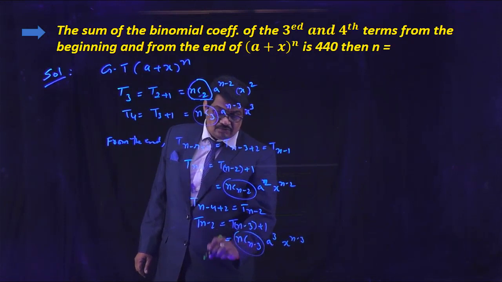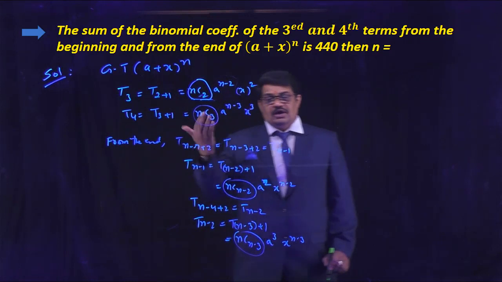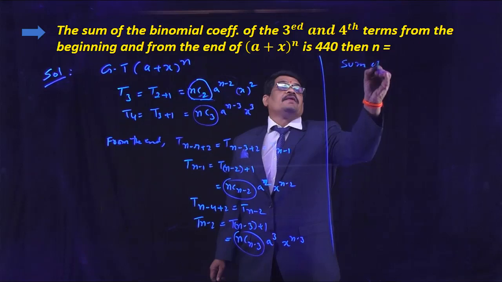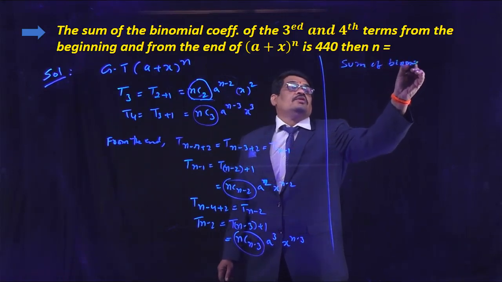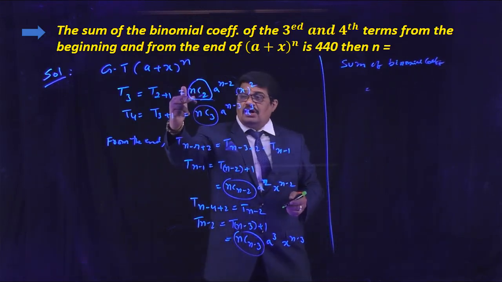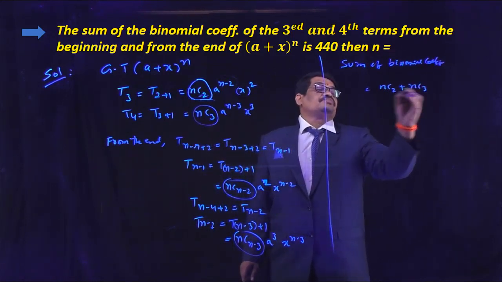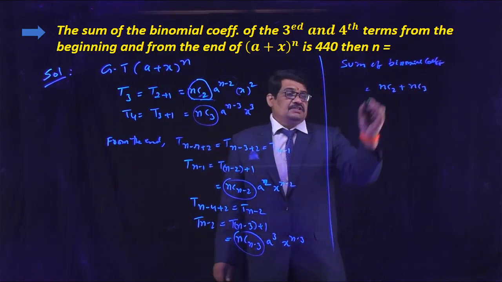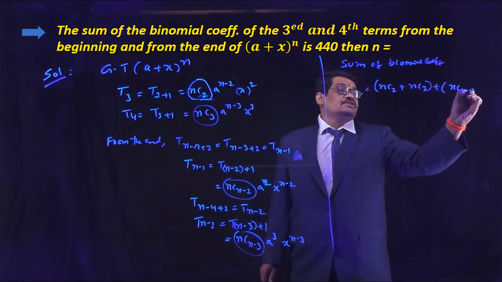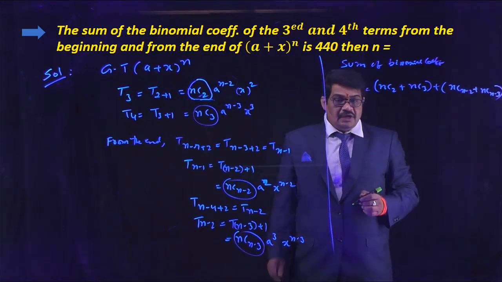So this is the coefficient. So the sum of the binomial coefficients from the beginning and end of the third and fourth terms is nC2 plus nC3 from the beginning. From the end, these are nC(n minus 2) plus nC(n minus 3).